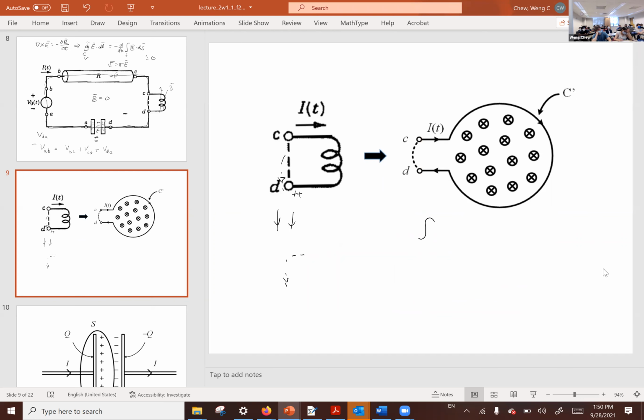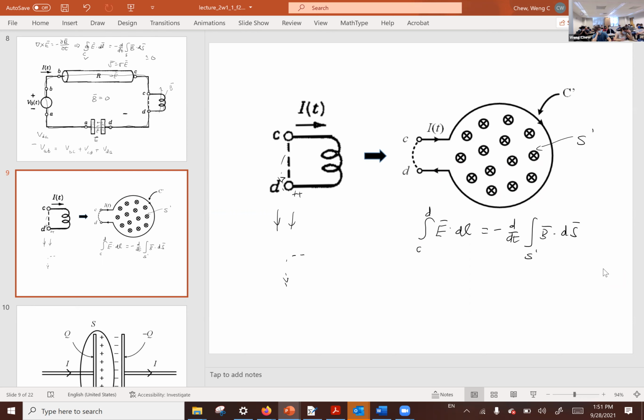The integration from C to D of E dot dl must be equal to the time derivative of the flux linkage, the integral of B dot dS over S prime, where S prime is this surface over here. That is what I should have.